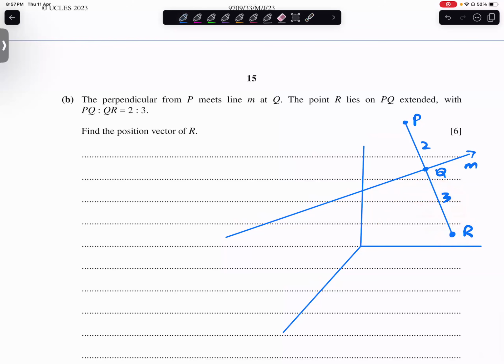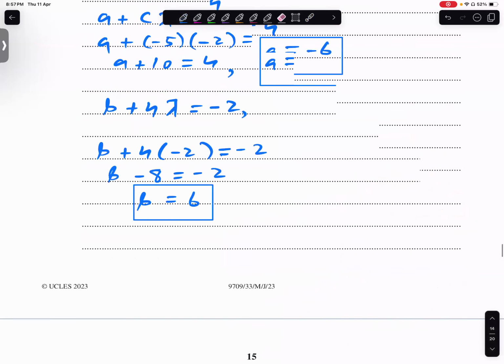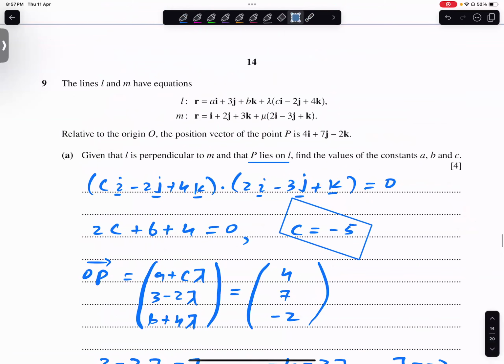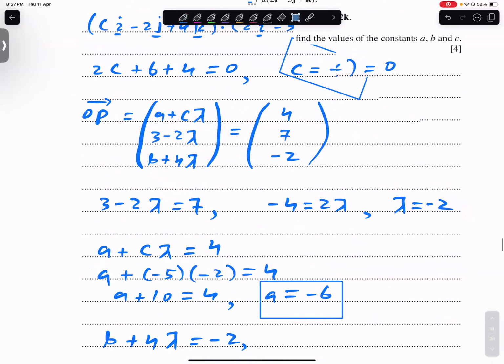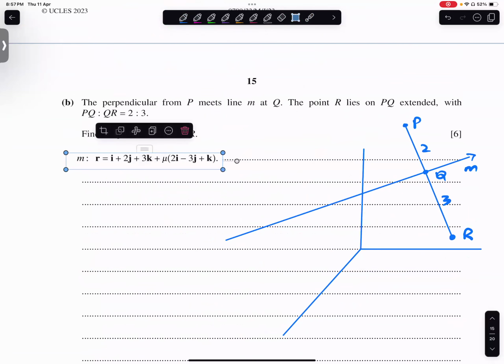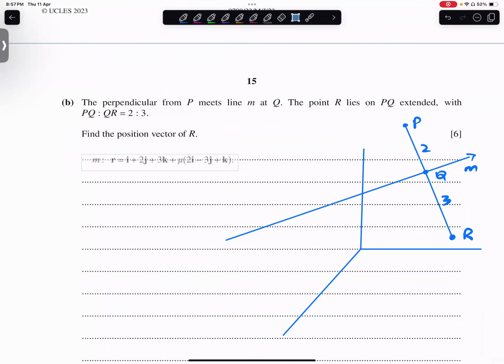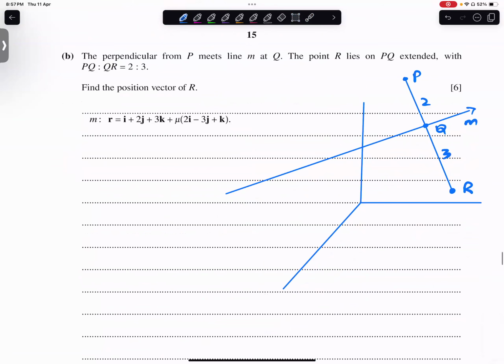Let me tell you the equation of line M. Let's copy this equation of line M and write it as 1 plus 2 mu, 2 minus 3 mu, 3 plus mu.